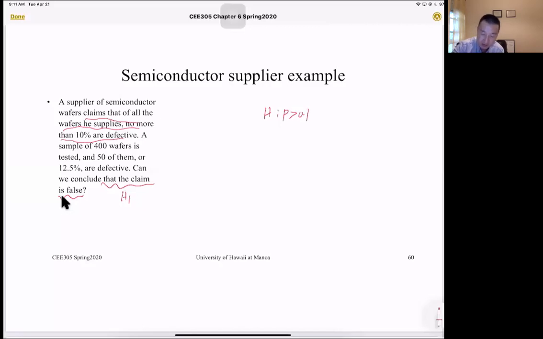The claim is false, and then H0 will be the opposite: the population proportion less than or equal to 0.1. Remember, the equality always goes with H0. So that's the setup.